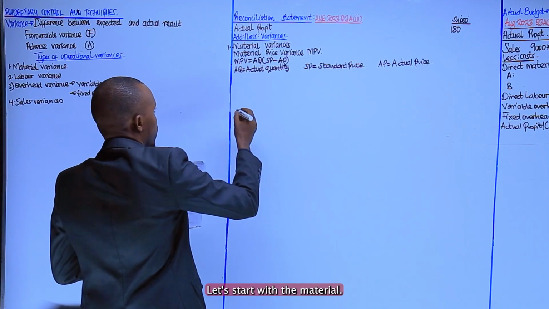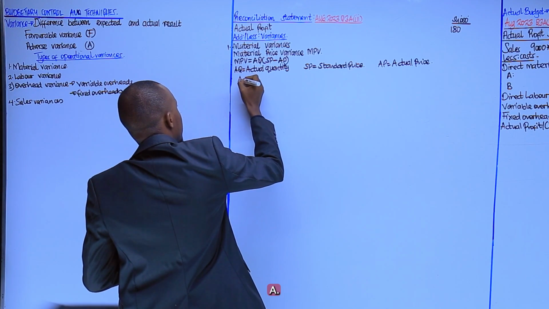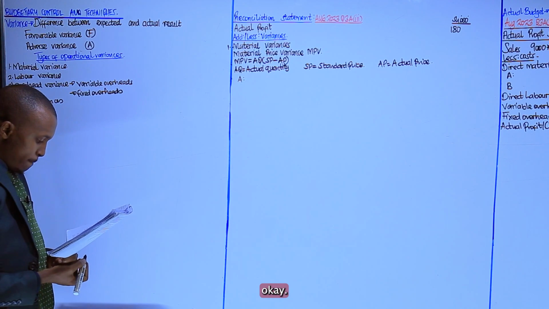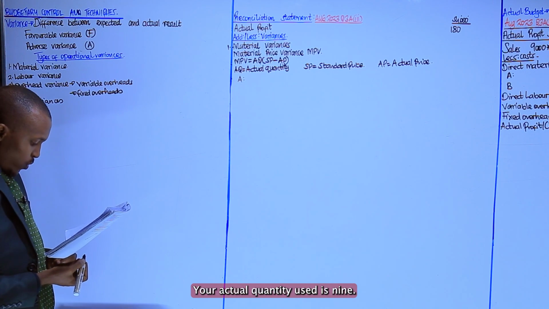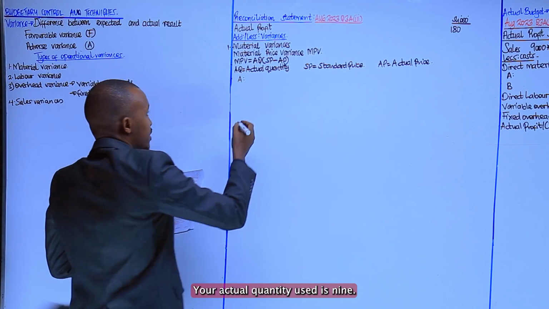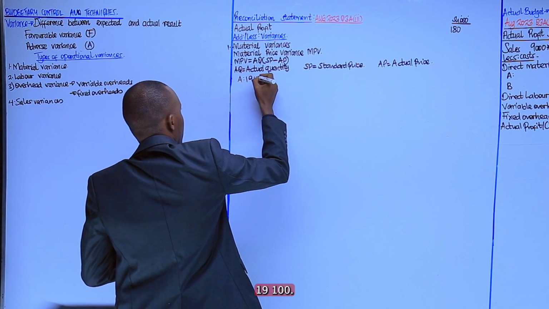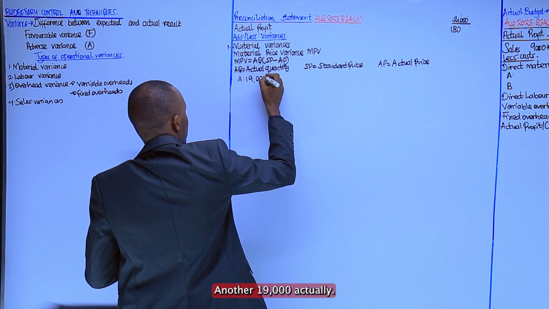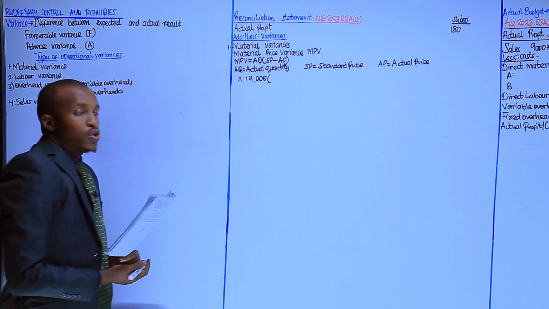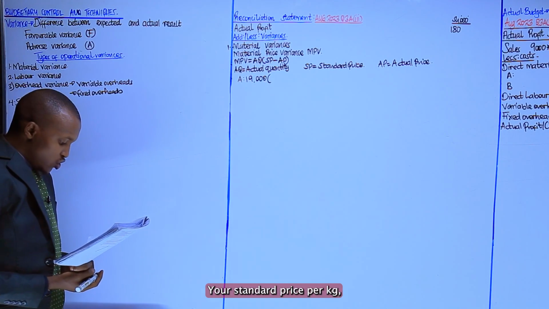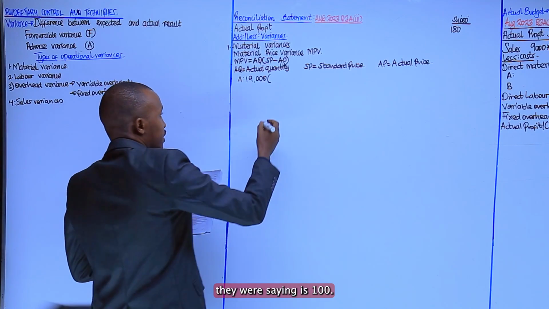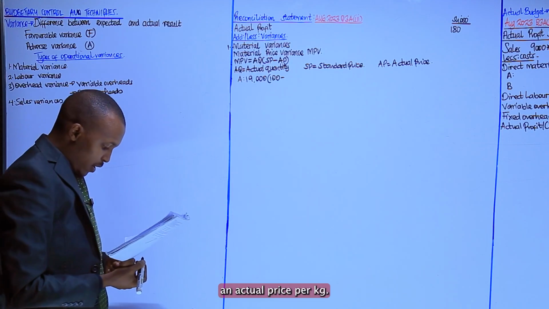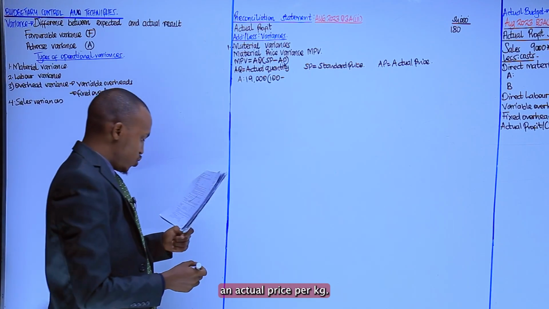Let's start with material A. Your actual quantity used is 19,000. Your standard price per kg is 100 minus an actual price per kg.